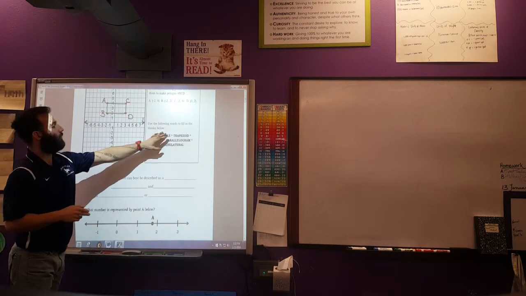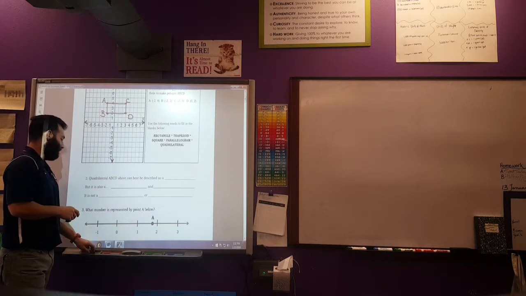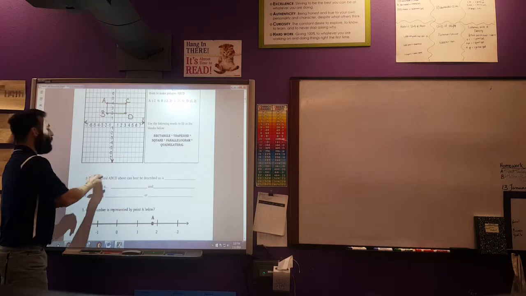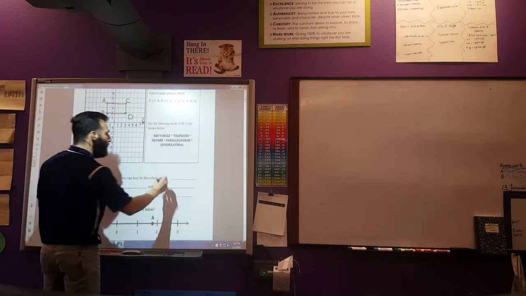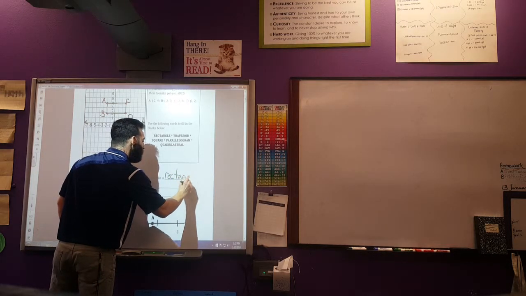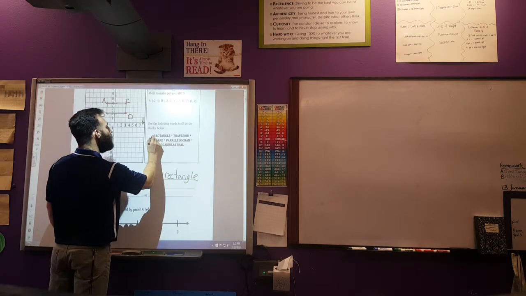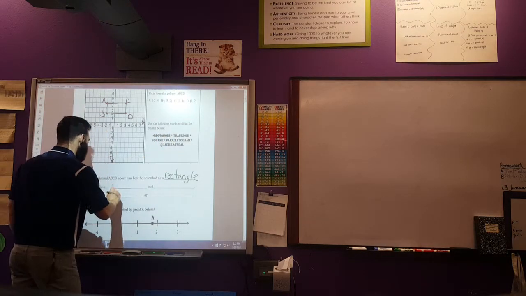Now it asks me to use the following words to fill in these blanks. Quadrilateral ABCD can best be described as a rectangle. But it could also be a parallelogram.